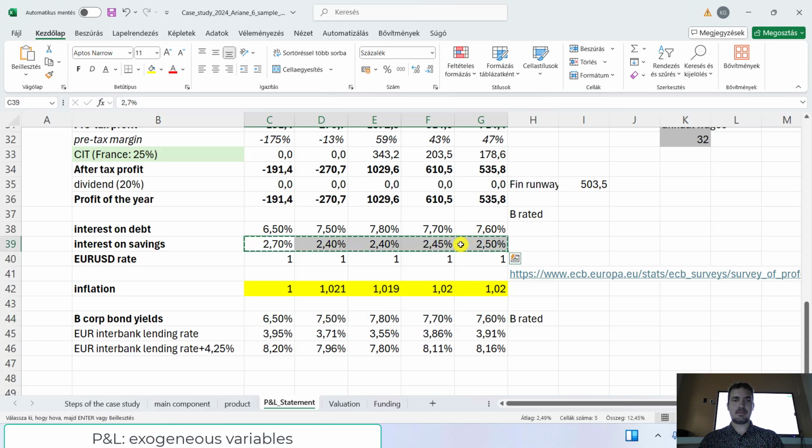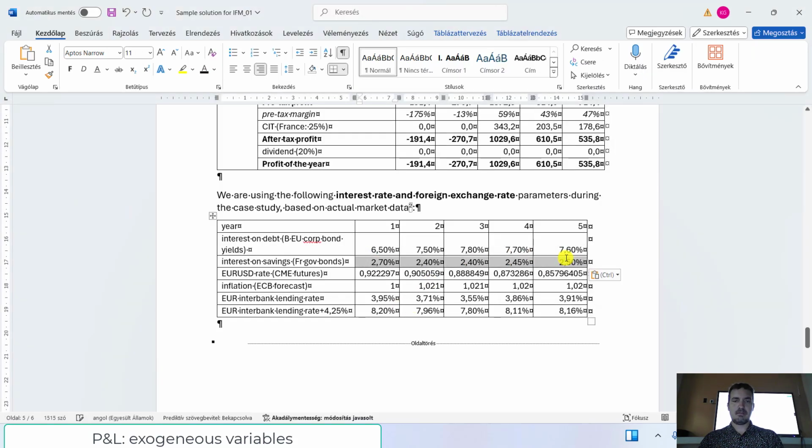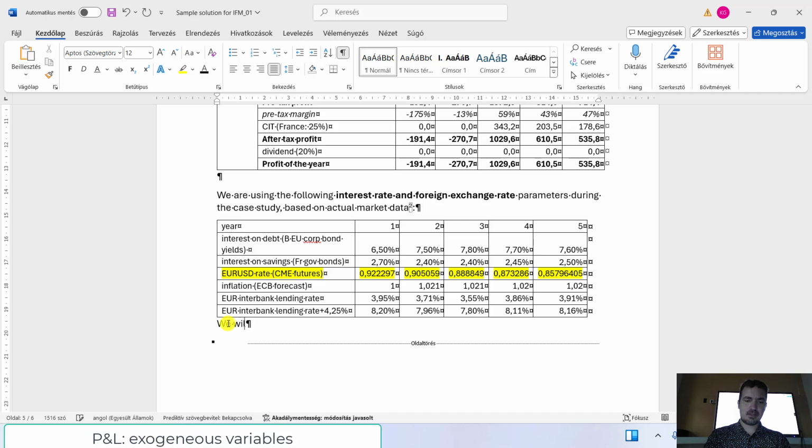Okay, interest on savings, French government bonds. This one. At least you don't have to modify this one, so it's the same for everybody. Euro in USD rate. Oh, we have to dig up this one. Right now we don't care about that. We will do this in the future when we talk about the FX risk.